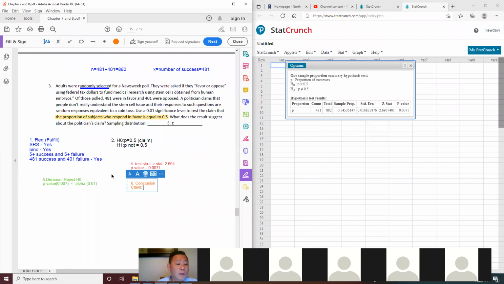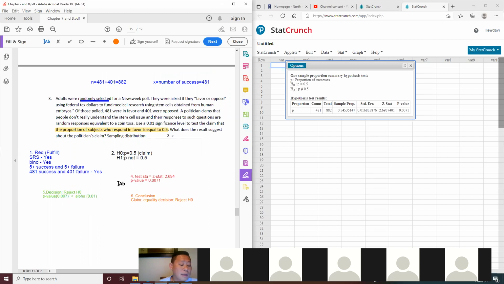It has equality, the one that you underlined or highlighted in yellow here says it's equal. So your claim has equality and your decision says we are rejecting the null hypothesis, the one that you just told me in question number 5.